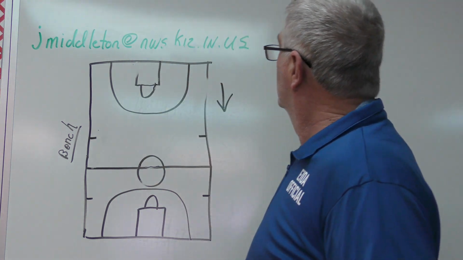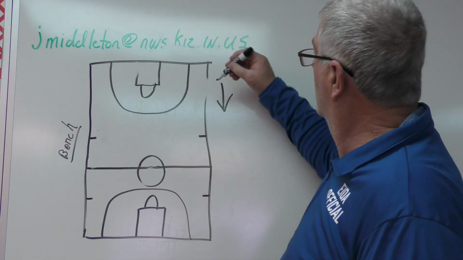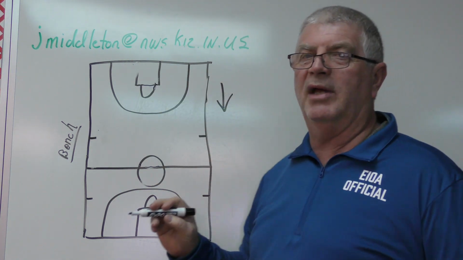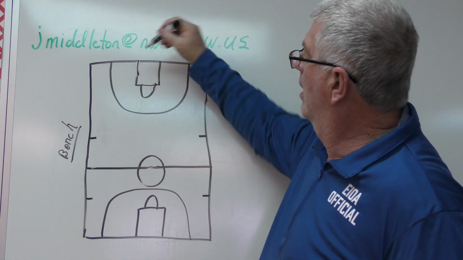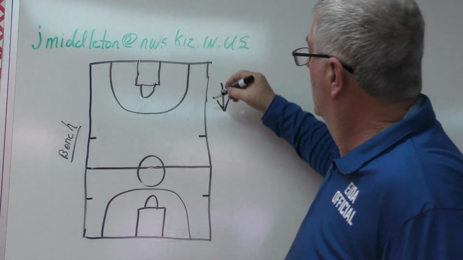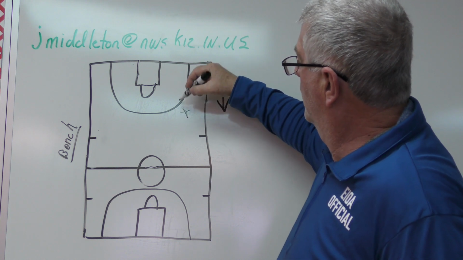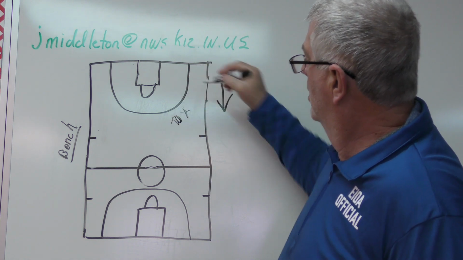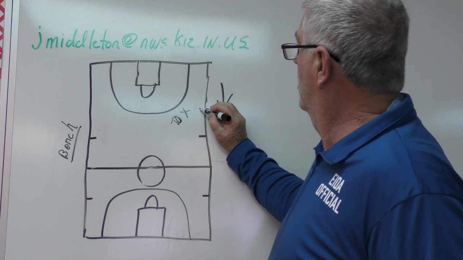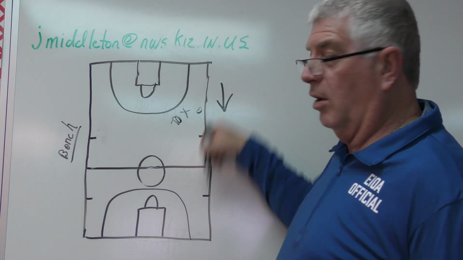Now, timeouts. So let's say we have a timeout and we're going to go long and the ball was right here and we have a timeout. Well, I want to set the ball here because I know I'm going this way.